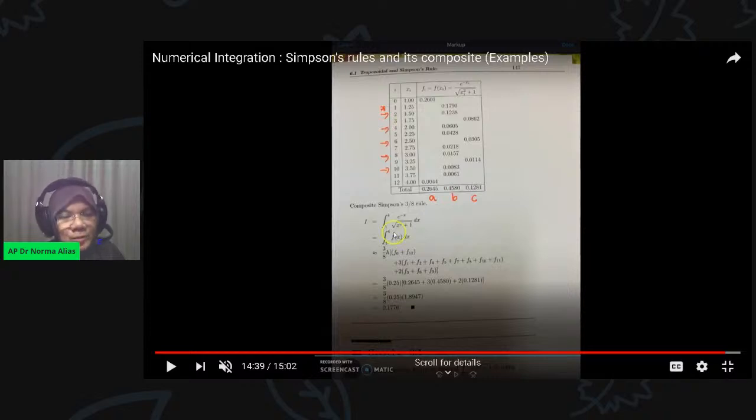In numerical methods, when you want to find the integral, some graphs are symmetric, meaning that the left part and the right part are symmetric.